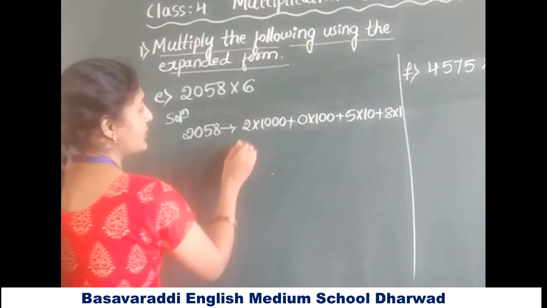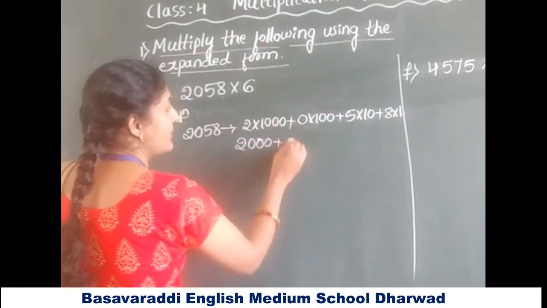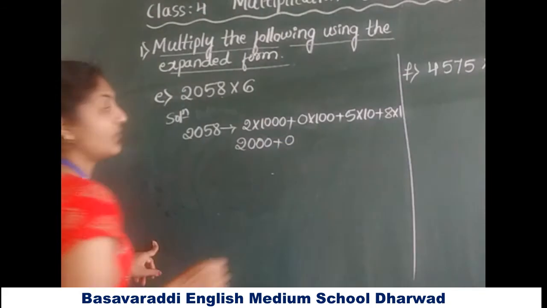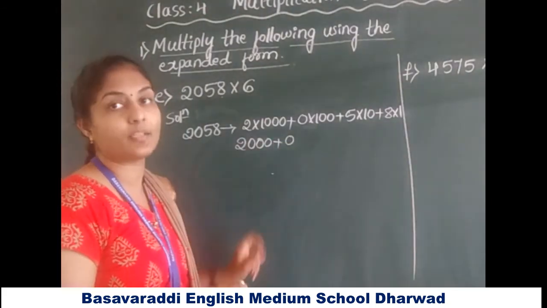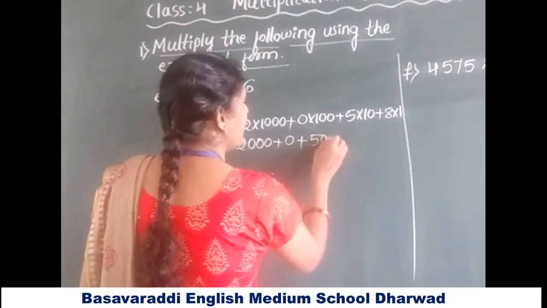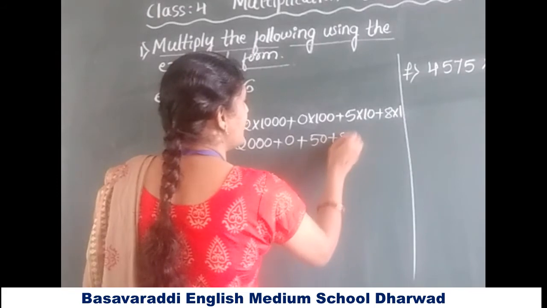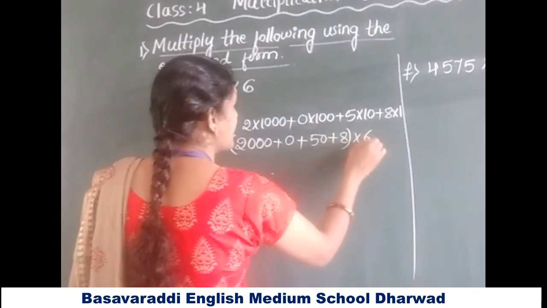The 2 into 1000 means 2000, plus 0 into 100 means 0. When we multiply 0 with any number, we get 0 as a product. Plus the 5 into 10 is equal to 50, plus 8 into 1 is equal to 8 there. And write the multiplication number there, 6.